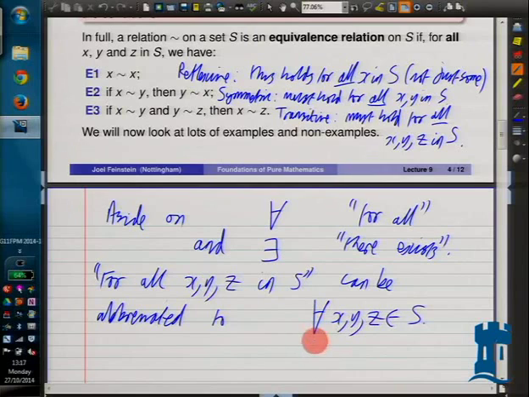This is pronounced for all x, y, and z in S. Okay, so that upside down A is a for all. It's on your notation sheet. If you haven't got it, it's the first notation sheet I handed out. If you haven't got that, you might want to print it out from the Moodle page, or get a spare copy from me sometime. This is the second notation sheet I've handed out. So if you haven't got the first notation sheet, that's got these things like this for all on it.